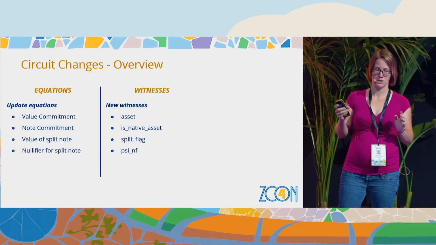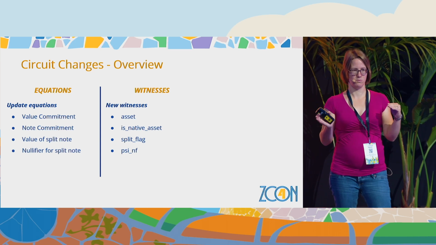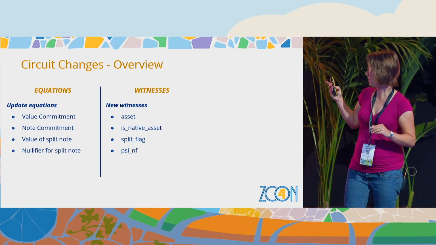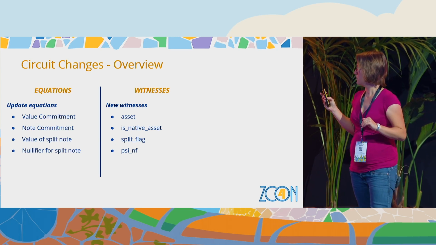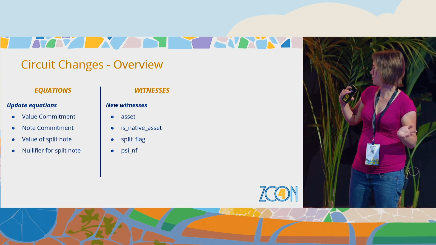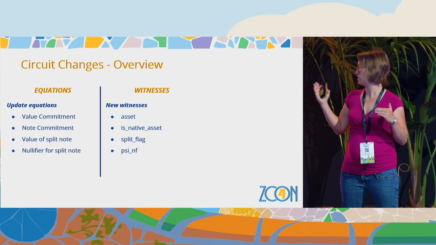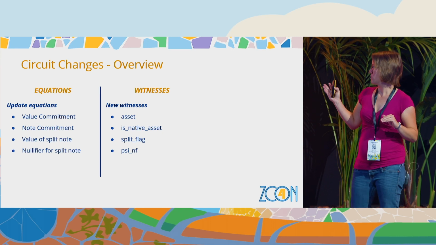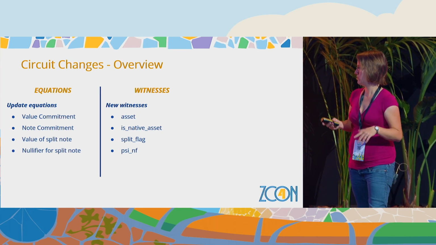It will be used to select the desired equation for note commitment. We also need the Boolean variable split flag, which is equal to 1 if it is a split note, 0 otherwise. And we need psi_nf, which will be used to obtain a random nullifier for split notes.